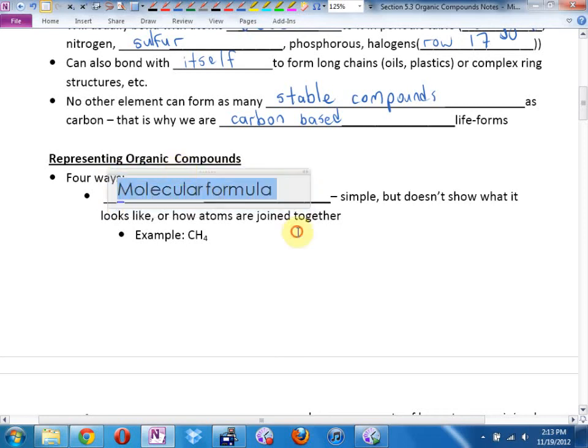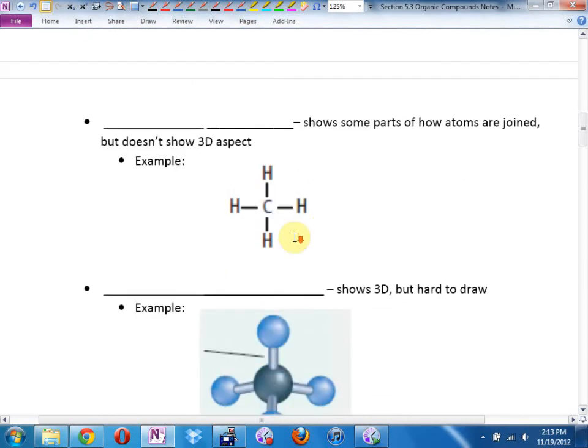It's simple, but it doesn't show what it looks like or how the atoms are joined together. For example, CH4. How many carbons? 1. How many hydrogens? 4. But what shape on the molecular level do they form? And it's that shape that really defines a lot of what that compound's properties are. So molecular formula, nice, short to write, has its limitations. Next page.